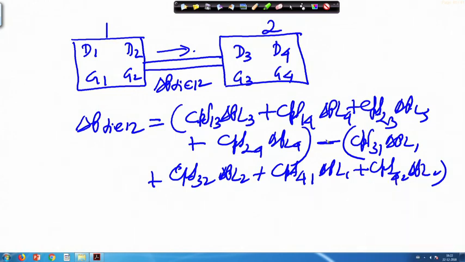Now, if you substitute all these values and try to calculate, so I am just clearing this one.